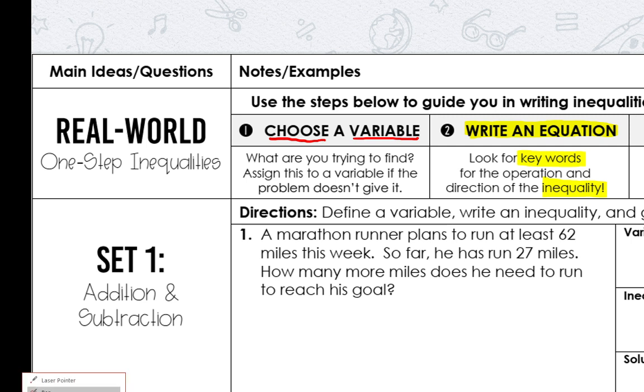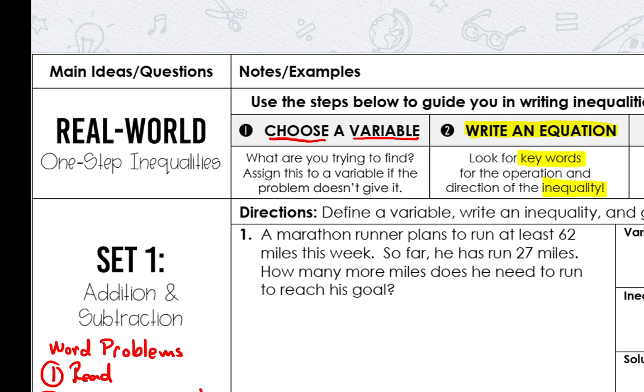Remember the steps to solve word problems. Step number 1, read. Step number 2, read again and highlight the important information.